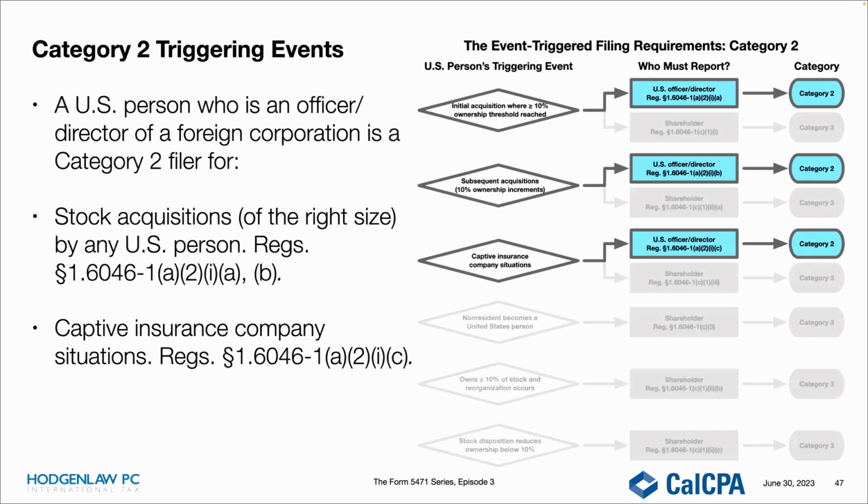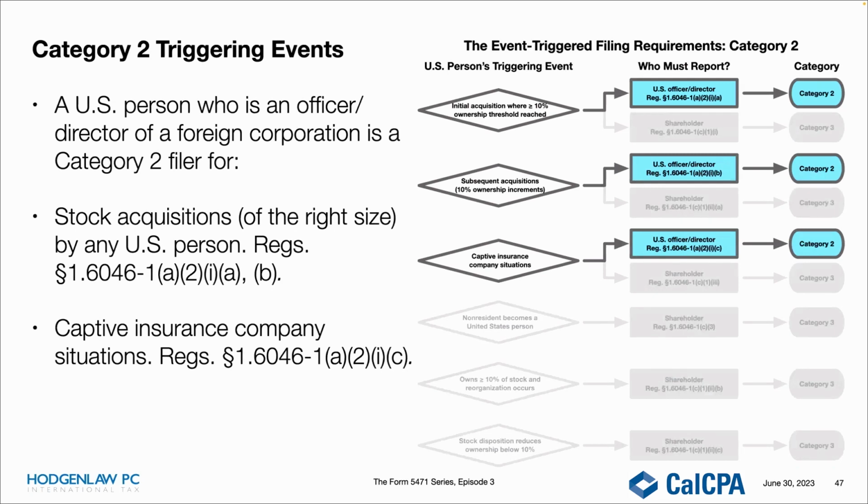And that person, the officer or director, is a category 2 filer for 3 situations: an acquisition of stock where the shareholder, who is a U.S. person, for the first time reached cumulative share ownership of 10% or more. In other words, they hit the U.S. shareholder level. So if you, and you can do it in multiple little bites.